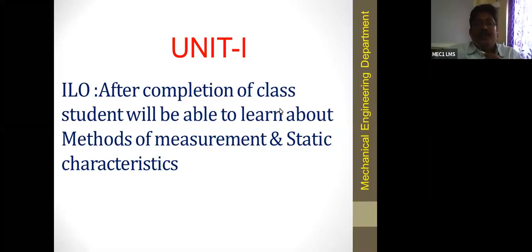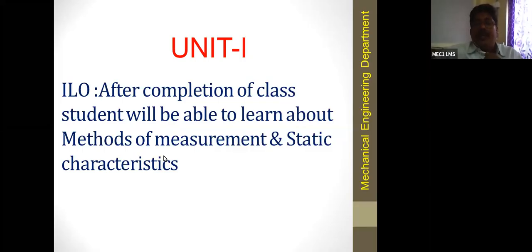Now we are going to discuss methods of measurement and static characteristics. Today, after completion of the class, you can acquire knowledge regarding these methods of measurement and static characteristics.